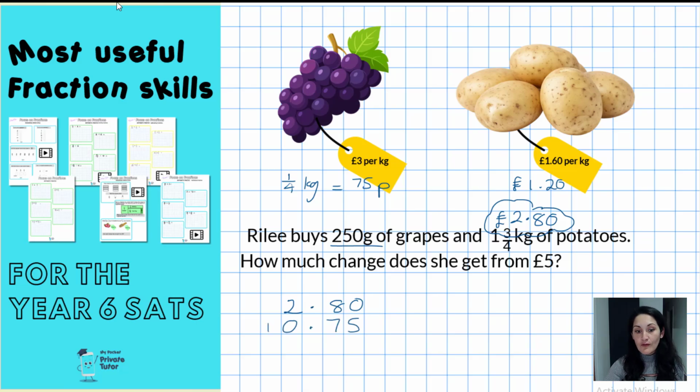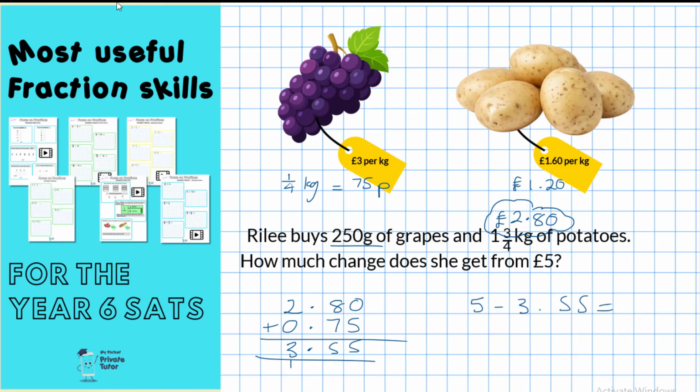Then another error is, even if we are adding this up, it could be, after all of that thinking, that we just forget to subtract it from 5, or that we subtract it from 5, and we often see things like this, where then the actual subtraction isn't carried out right. So what we want to see is £5.00 subtract £3.55, to get the correct answer. But this is the final step that can sometimes trip us up here, the actual subtraction with decimal numbers.